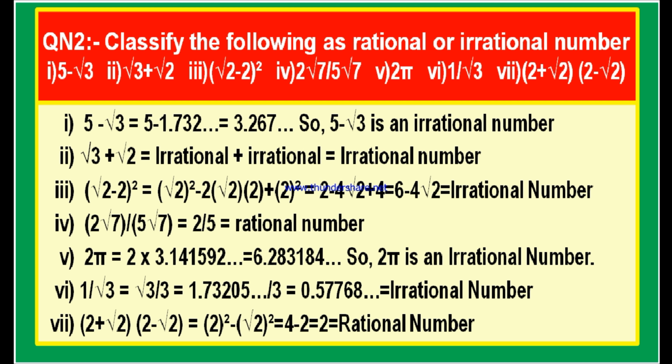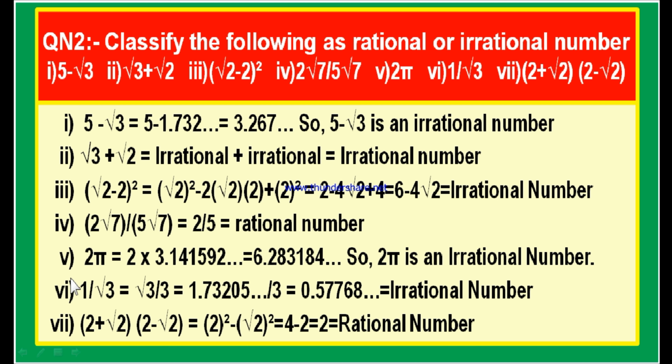A plus b into a minus b is a square minus b square. A square is 2 whole square, minus b square is root 2 whole square. 2 whole square means 2 2's are 4, minus square root 2 whole square. Square root and square will be cancelled, this is 2. What is 4 minus 2? 4 minus 2 is 2. It is a rational number.